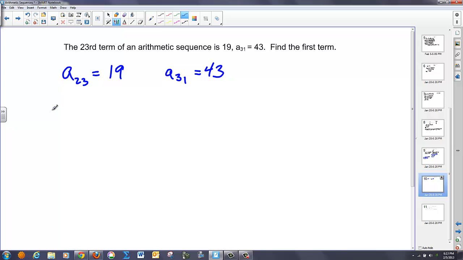So let's say a sub 23 becomes the first term, and that's going to be 19. It's not the first term, but let's just say it was. So moving from the 23rd term to the first term is a difference of 22. So I'm going to say then the 31st term, if I move that 22 down, this puts me at the 9th term.